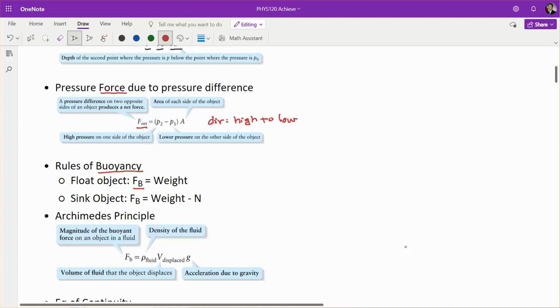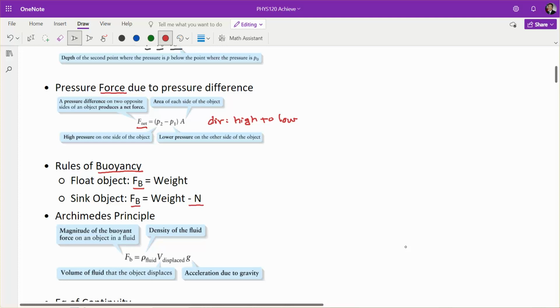And if it's down at the bottom and the bottom gives a normal force, then the buoyancy force is equal to the weight minus N here, where N is the supporting force or the normal force. Now this situation might change if it does not sink down to the bottom.